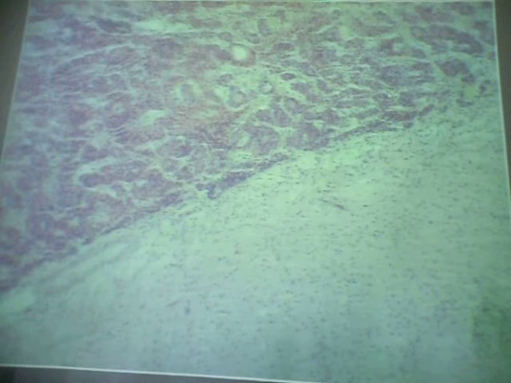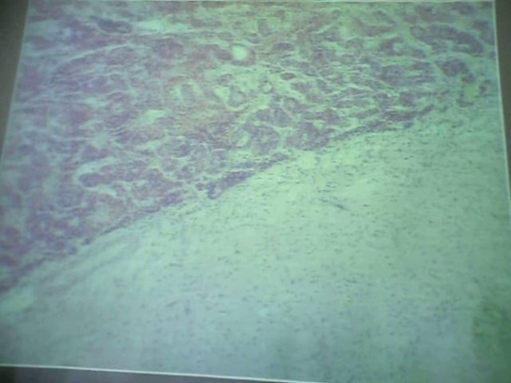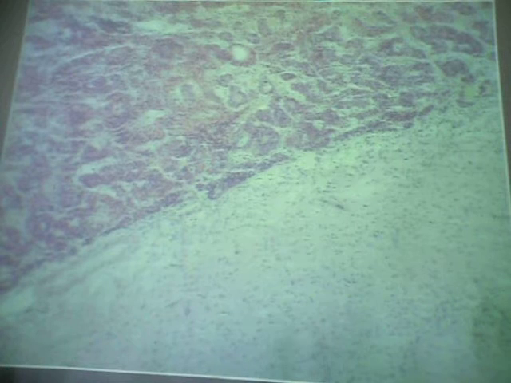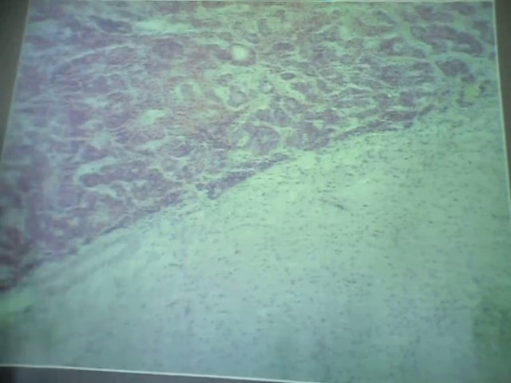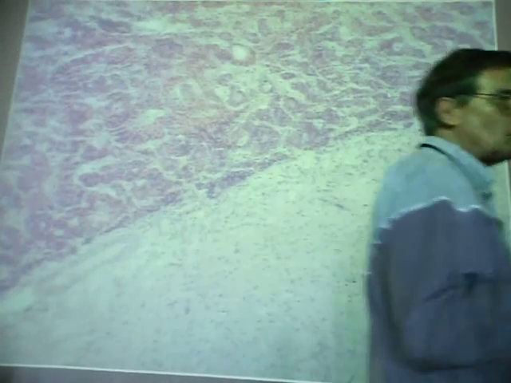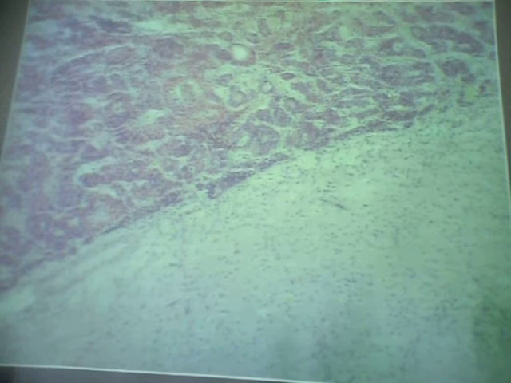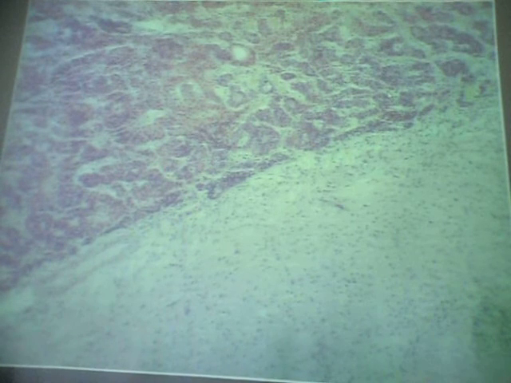It also has another important function. It stimulates milk letdown by the breasts. It does not stimulate milk production, that's another hormone, but it stimulates the release of milk from the breast shortly after birth. So oxytocin stimulates smooth muscle contraction and also stimulates milk letdown by the breast.